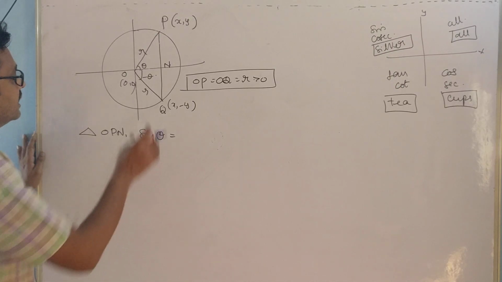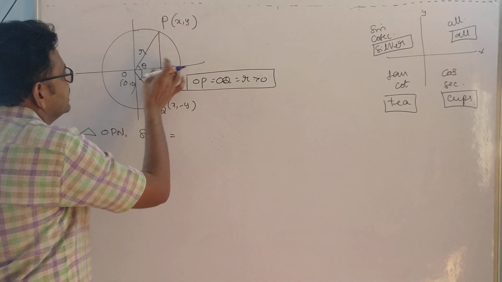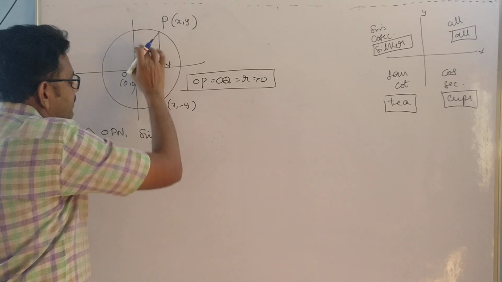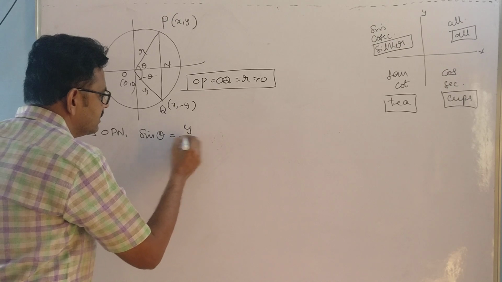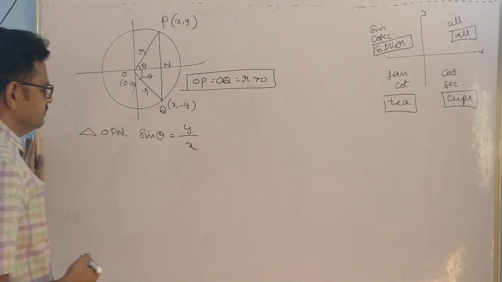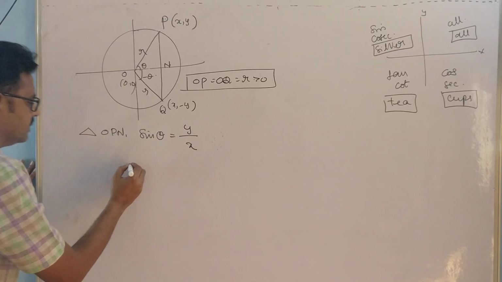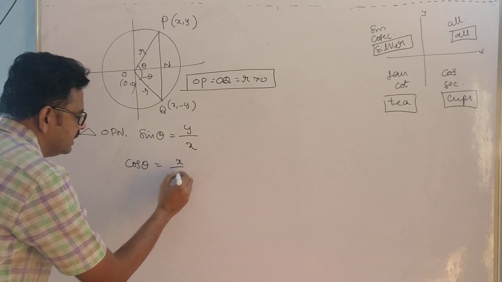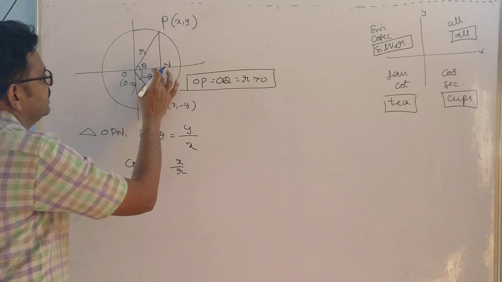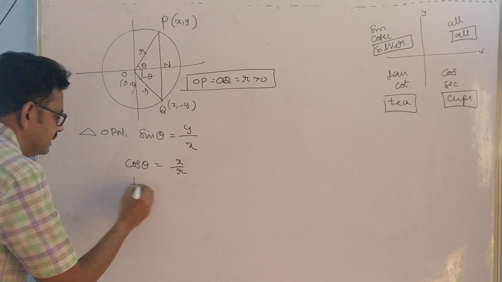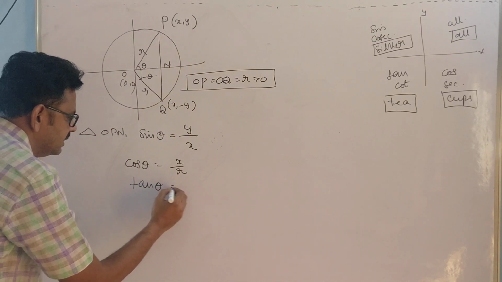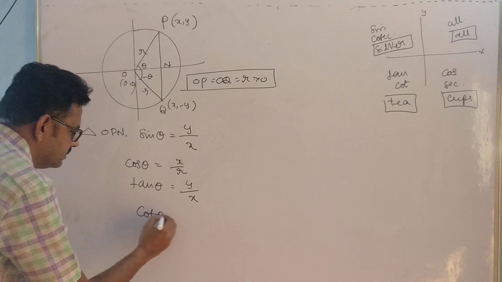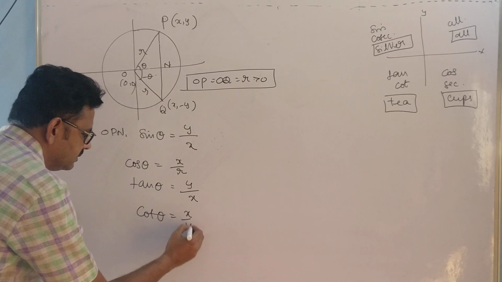So from this triangle, what is sine theta equal to according to our definition? It is ordinate by r, y by r. And cos theta is x by r. Tan theta is y by x. Cot theta is x by y.